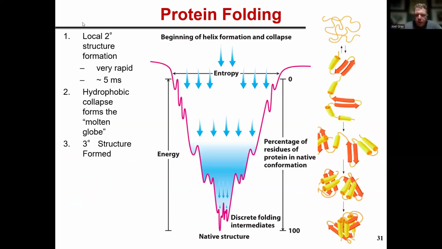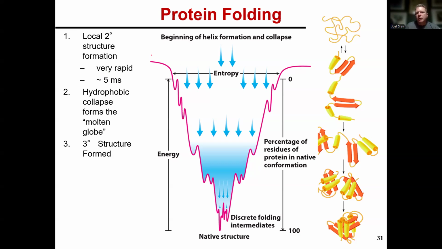Now, protein folding, there's a couple of different theories on how it takes place. And truth be told, proteins get to their native folded state a couple of different ways.